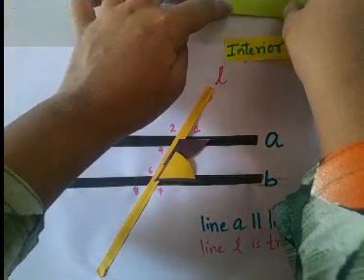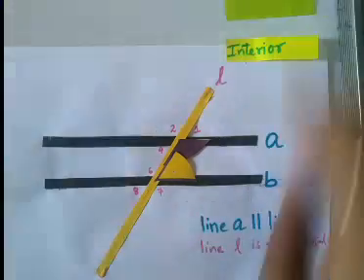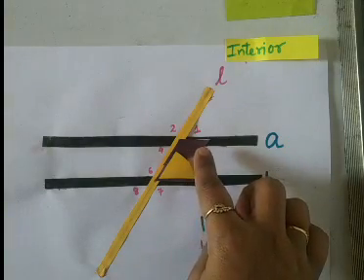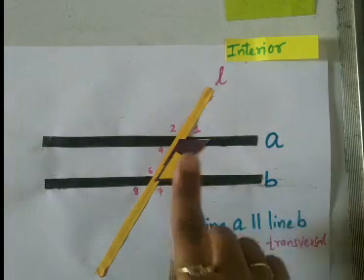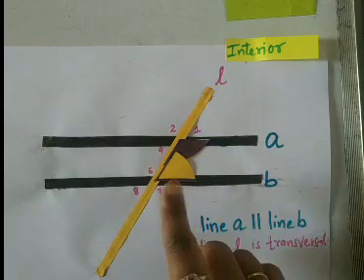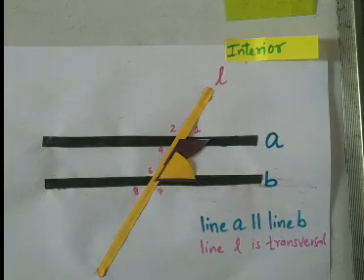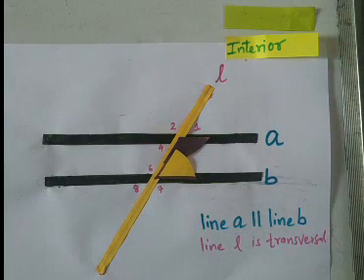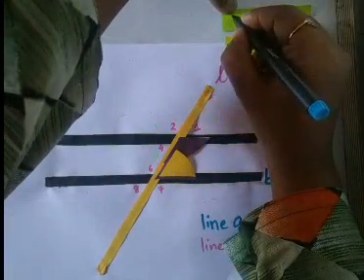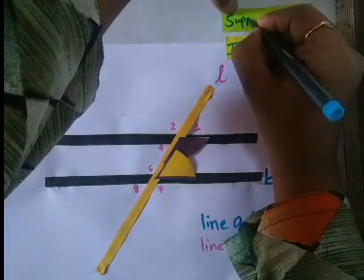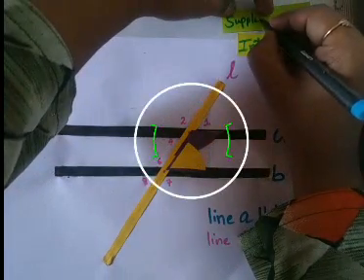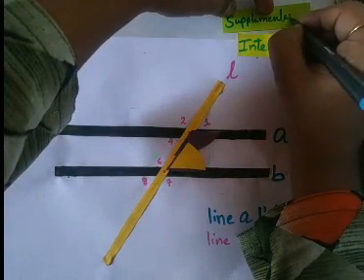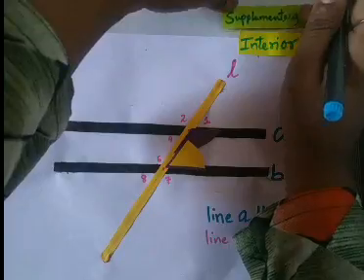But the property of interior angles is: this angle is 120, this angle is 60, so 120 plus 60 gives you 180. The sum of two angles, if it is 180, is called supplementary. It means interior angles are supplementary.